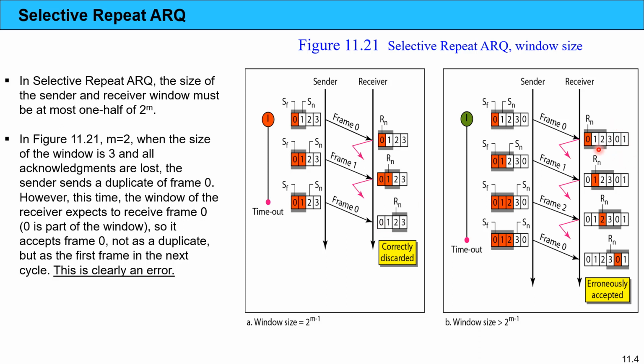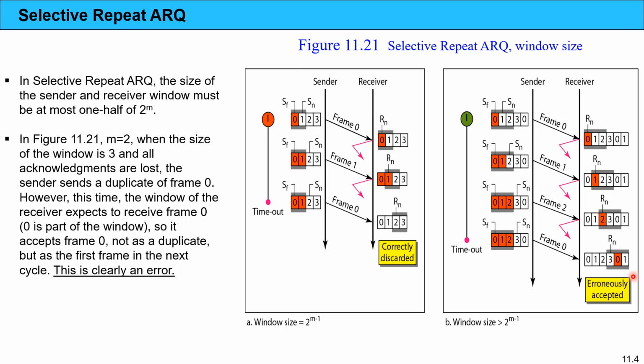But if the window size is large, if the window size is greater than 2 to the power n minus 1, I can send 0, 1, and 2. I will receive 0 correctly, so I will shift to 1, received 1, shift to 2, received 2, shift to 3, so that the new window at the receiver side is 3, 0, 1. But now all acknowledgements are lost. So I will resend 0, which is the first 0 here.